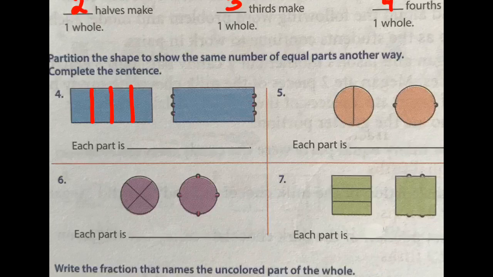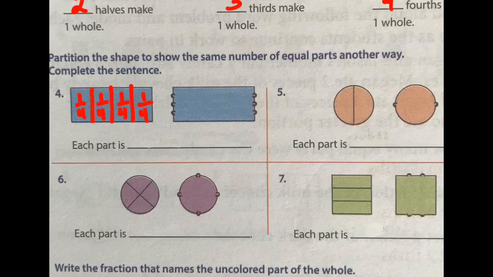Okay, and it makes 4 equal parts. You do not have to label yours. I am just showing you to review what we did above. Okay, so now we're going to look at the next rectangle beside it, and we're going to connect the dots to partition it a different way.